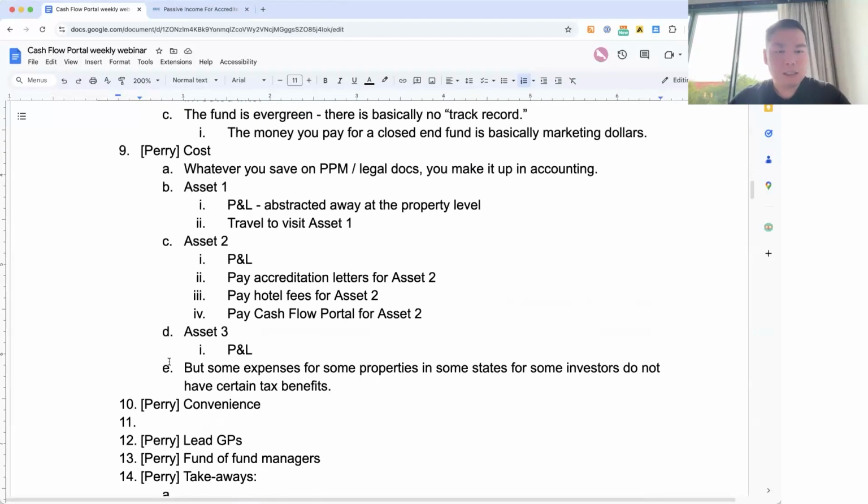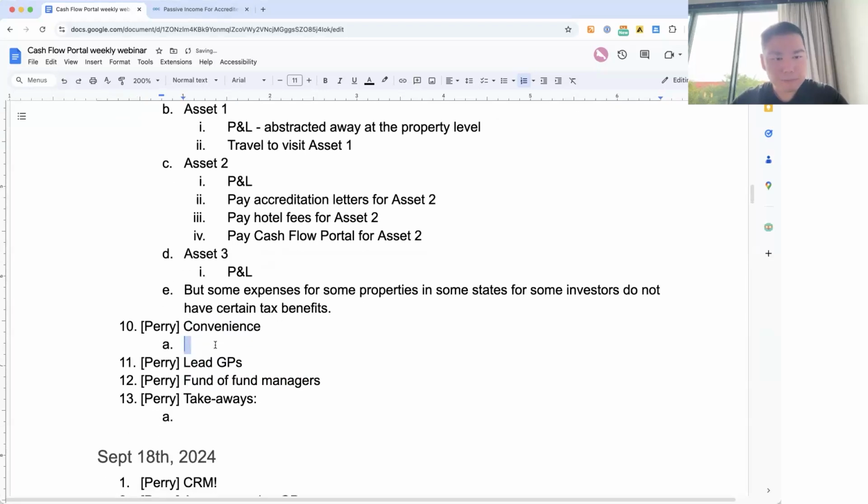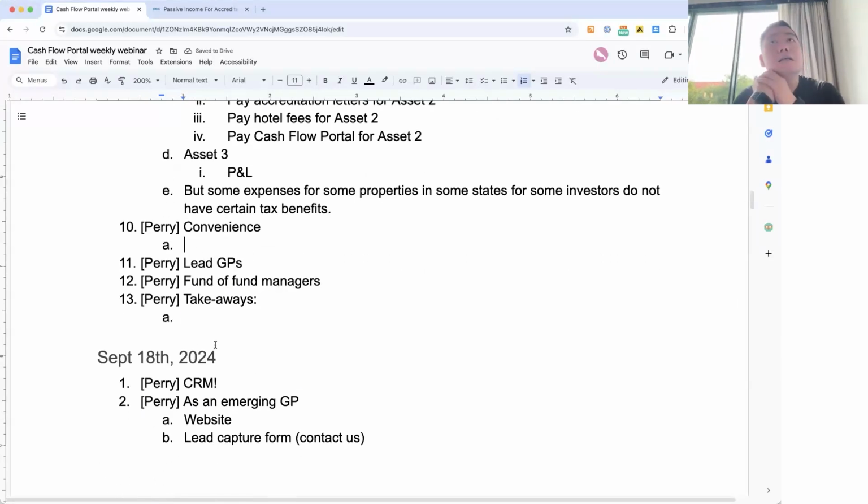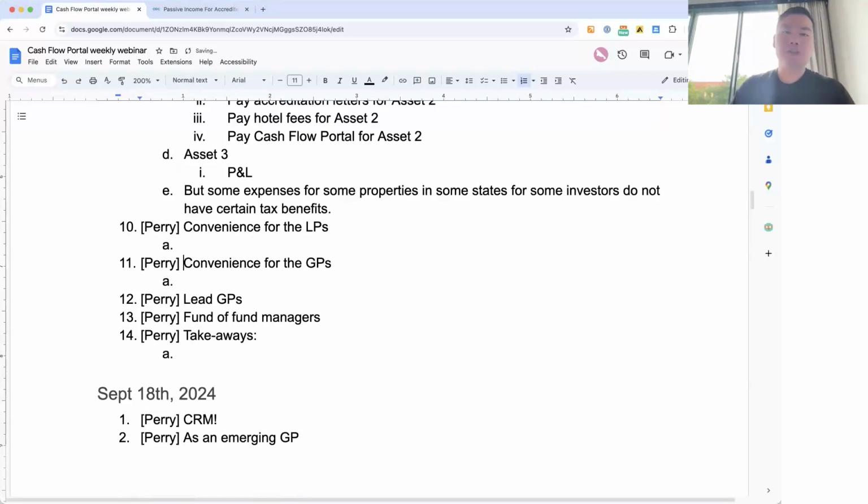Also, let's go into convenience. Within the convenience, there is the convenience for the LPs, and then there's the convenience for the GPs. Okay, the convenience for the GPs is that they can always be in equity raising mode, right?